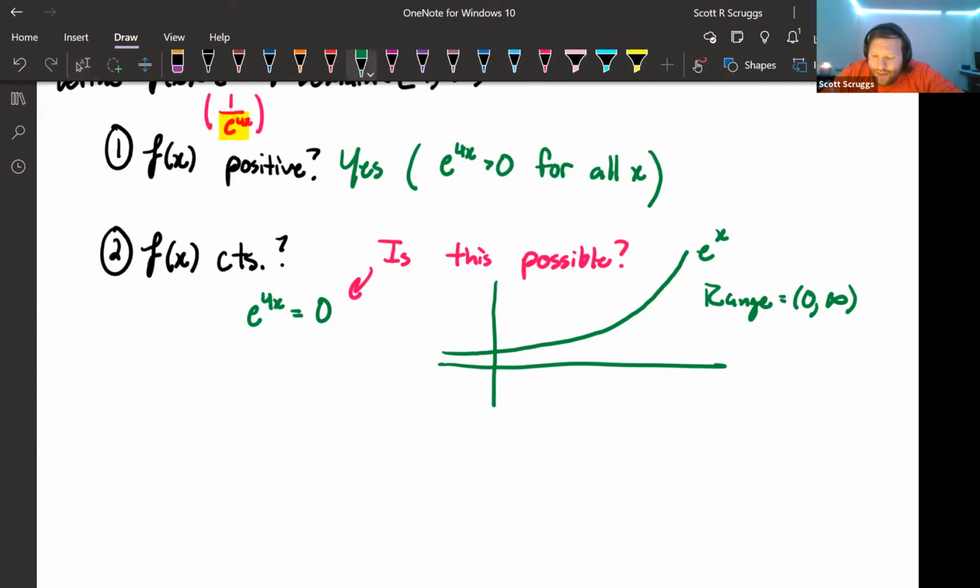So you asking me whether or not I can have an exponential equal to 0, is that possible? The answer here is no.